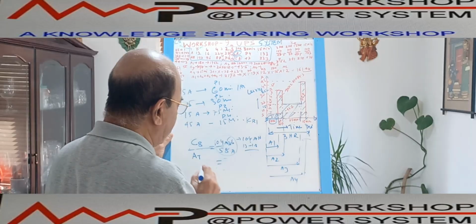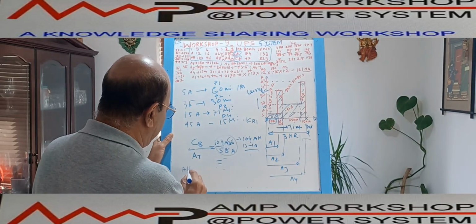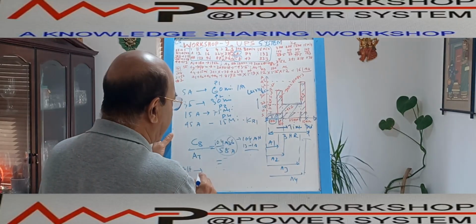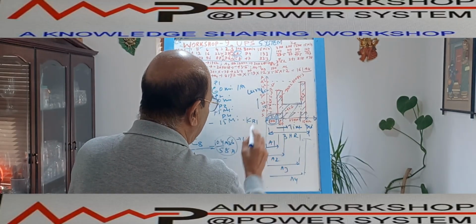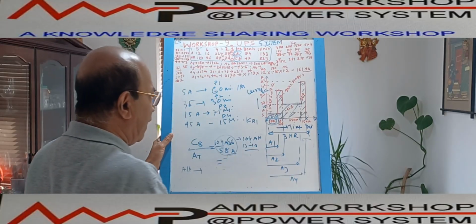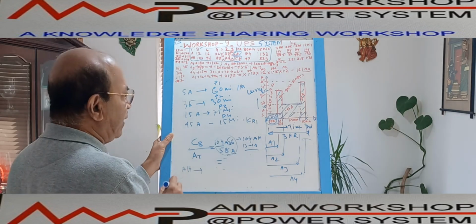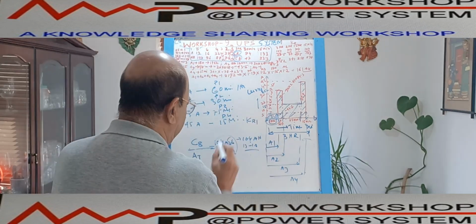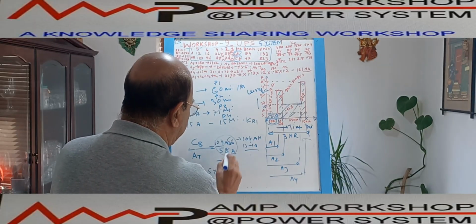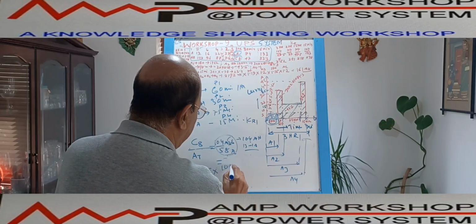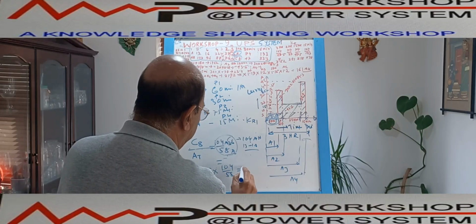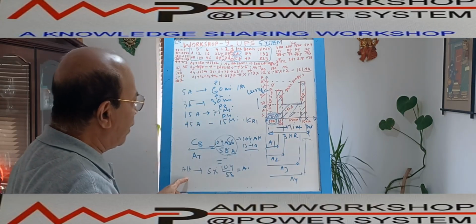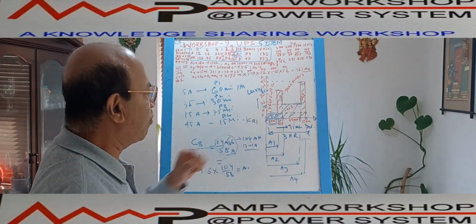That means when we calculate the ampere hour for this 1 hour, how will we calculate it? The ampere hour equals, for 1 hour, the K factor multiplied by the corresponding change of current. Suppose this current is 5 ampere. So 5 into K factor, which is 104 by 58. That will be the ampere hour for this 1 hour.